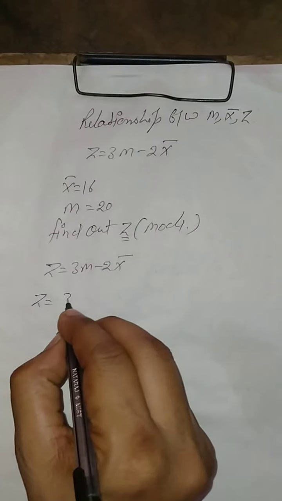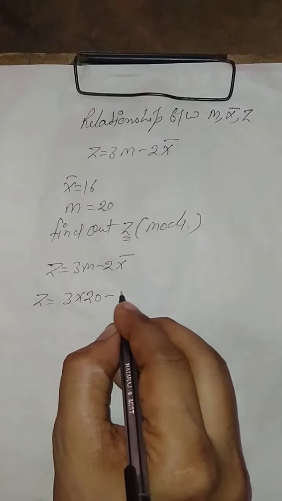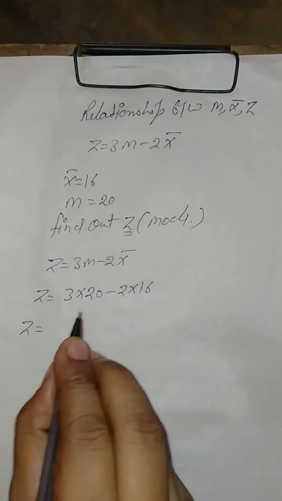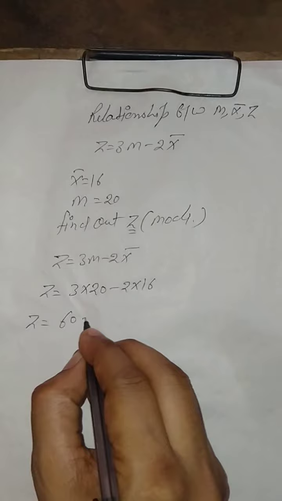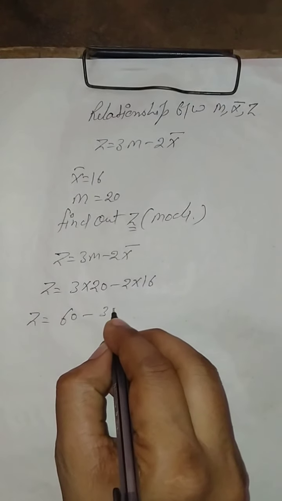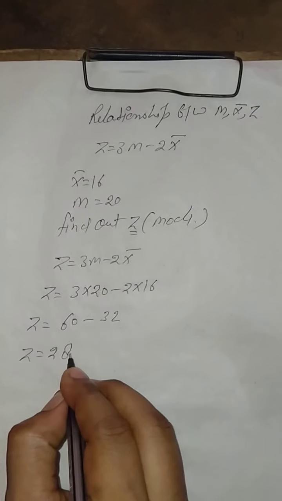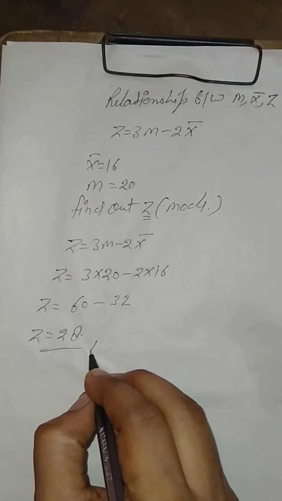Z is equal to 3 into 20 minus 2 into 16. Z is equal to 60 minus 32. So Z is equal to 28. That's your answer.